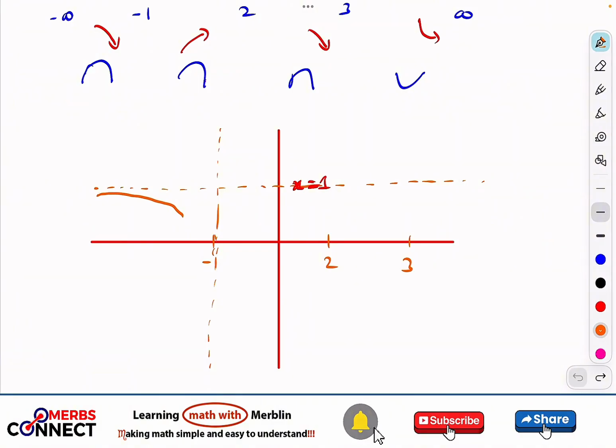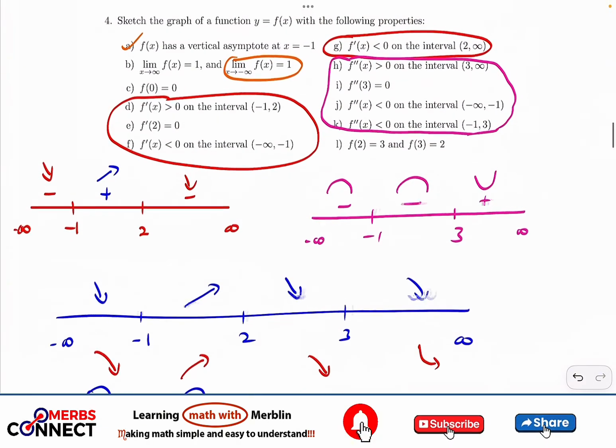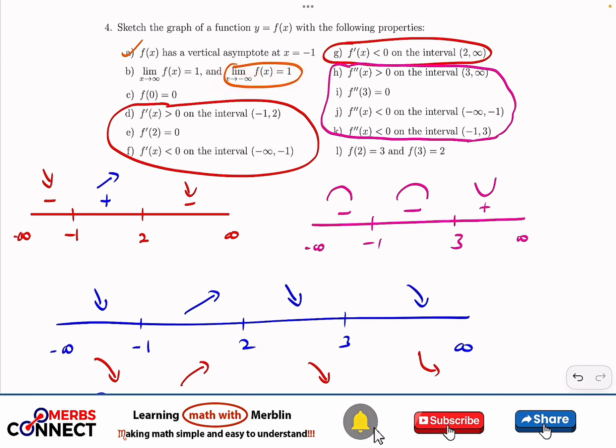Let me use a different color for this one. Okay, I think the light green is nice. So as x is approaching negative infinity, this one should be 1. So we are done with this one, and with this one too.